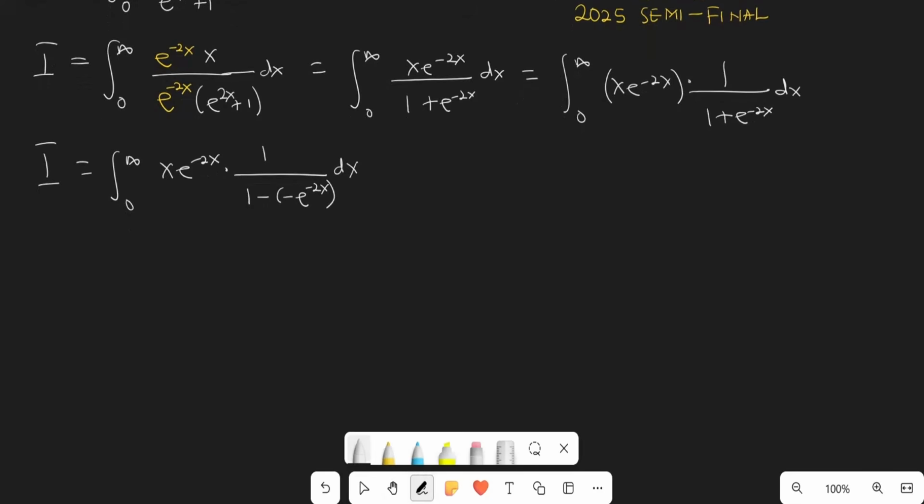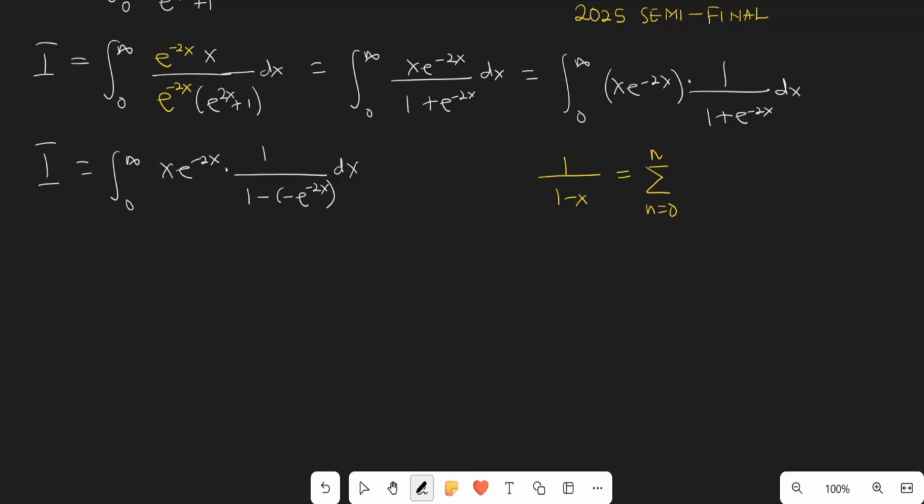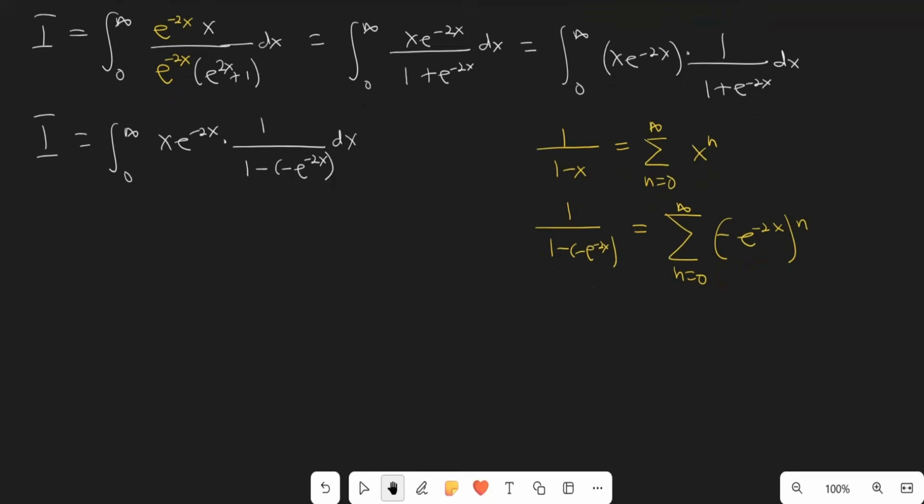Cool. Now let's compare this one to the geometric series. If we have 1 all over 1 minus x, the geometric series, this can be written as the summation n from 0 to infinity of x to the n. So if I have 1 all over 1 minus negative e to the negative 2x, using the geometric series, this is the same as the summation n from 0 to infinity of negative e to the negative 2x, all raised to the power n.